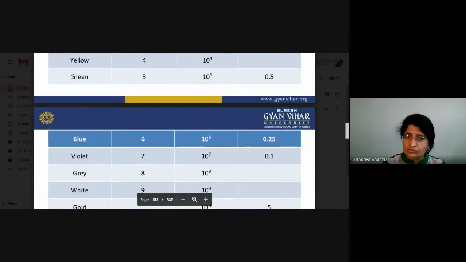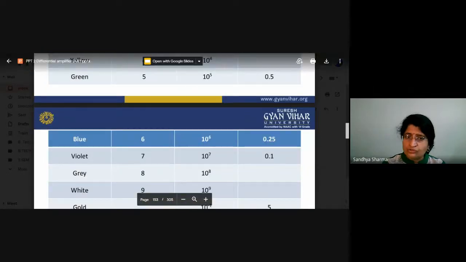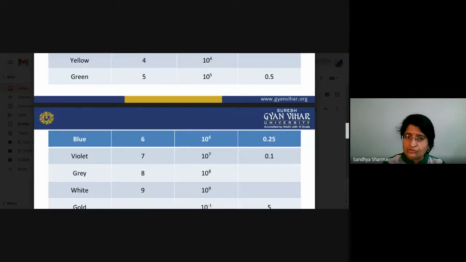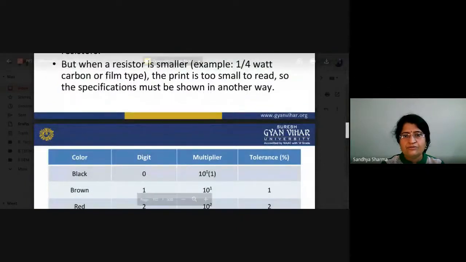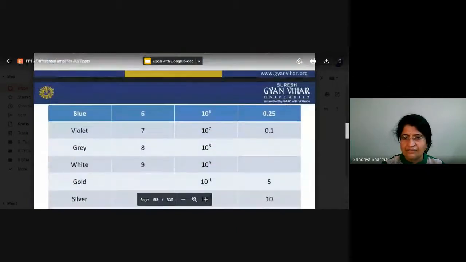Then Great Britain: very says violet, good says G, wife says W. You can pick the first alphabet of that particular word and assume that particular color. According to that, you can indicate it as 0, 1, 2, 3, 4, 5. That is basically the flow that we will use.